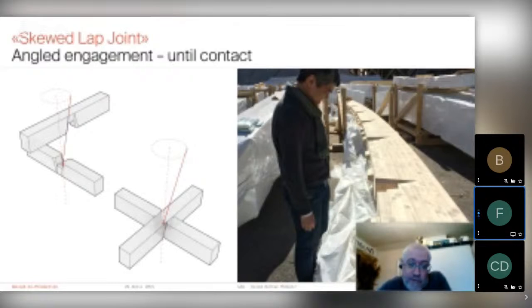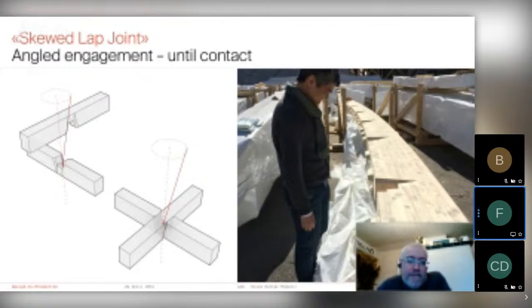We're cutting away a few corners, which allows us to engage those lap joints slightly from the side at a maximum defined angle. Yeah, and those cut-off corners will be visible in the end afterwards, which leads to discussion with the design architect, of course, but in the end, he accepts it as a design feature and not as a bug.